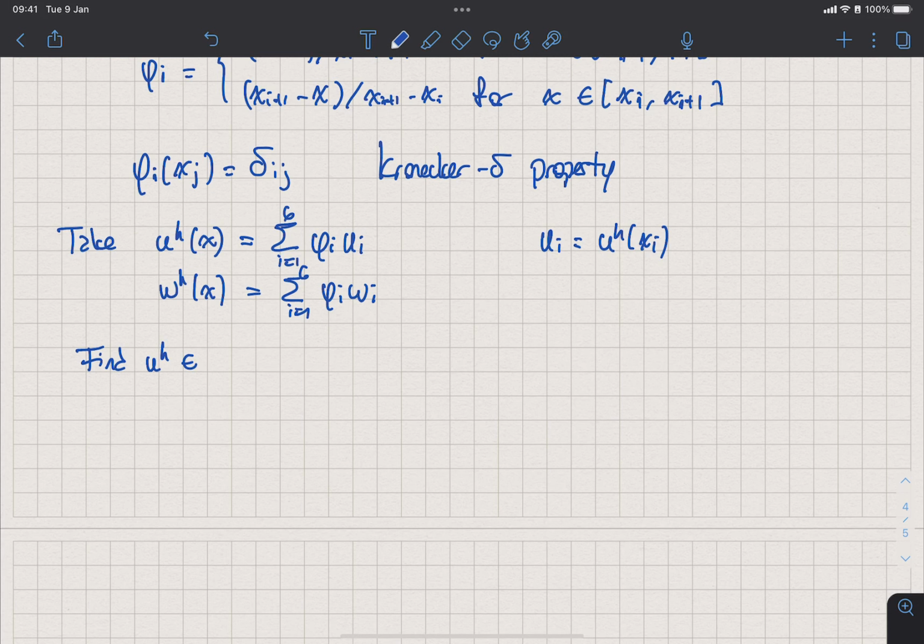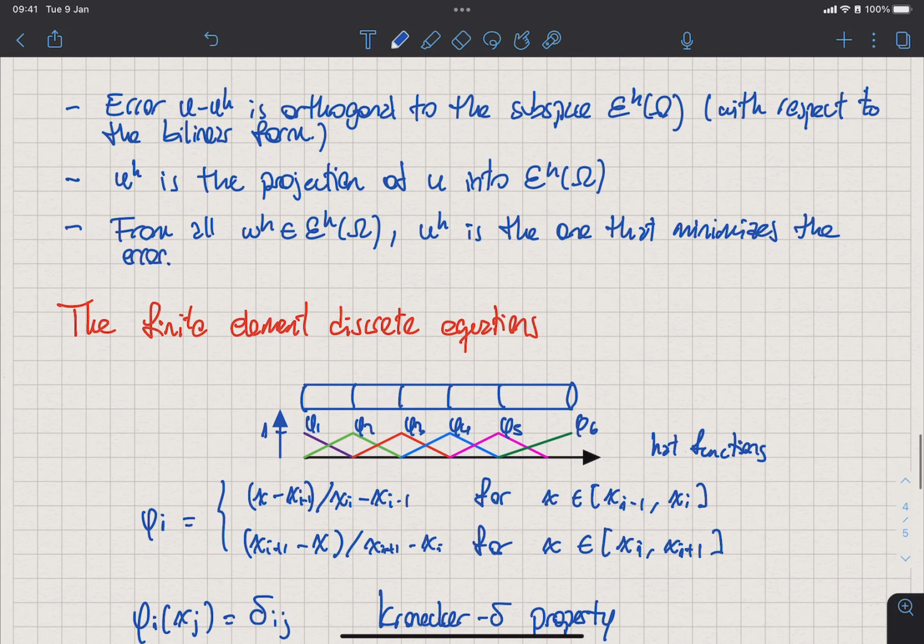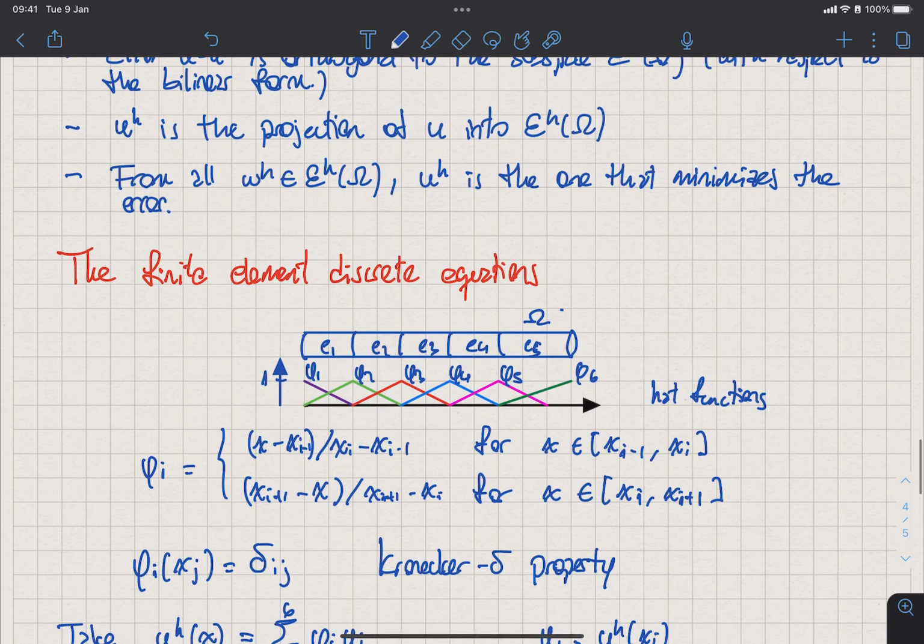u_h in some subspace, and I'm using E_h now, of omega. By the way, omega is, of course, my entire bar that I didn't put here. These are my element 1, element 2, element 3, element 4, element 5. And of course, this omega is a subset of, let's say, the reals, okay?